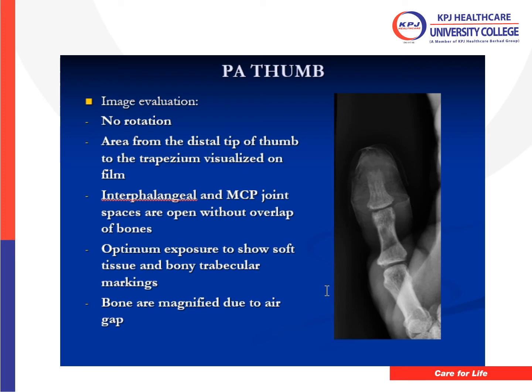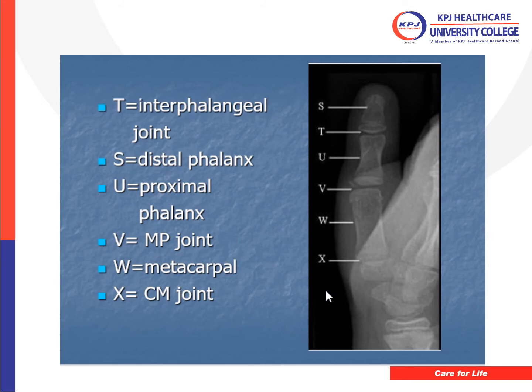The positioning is quite different between the three of them, but the image is supposed to have the same appearance. AP and PA are quite different, of course, but the image quality is kind of the same. This is to highlight the placement of the interphalangeal joint itself, the distal part and the proximal part.